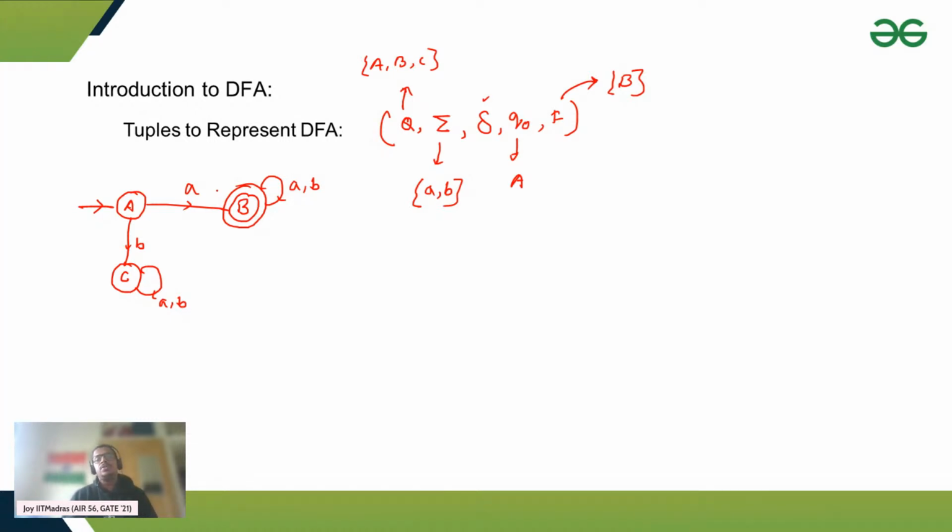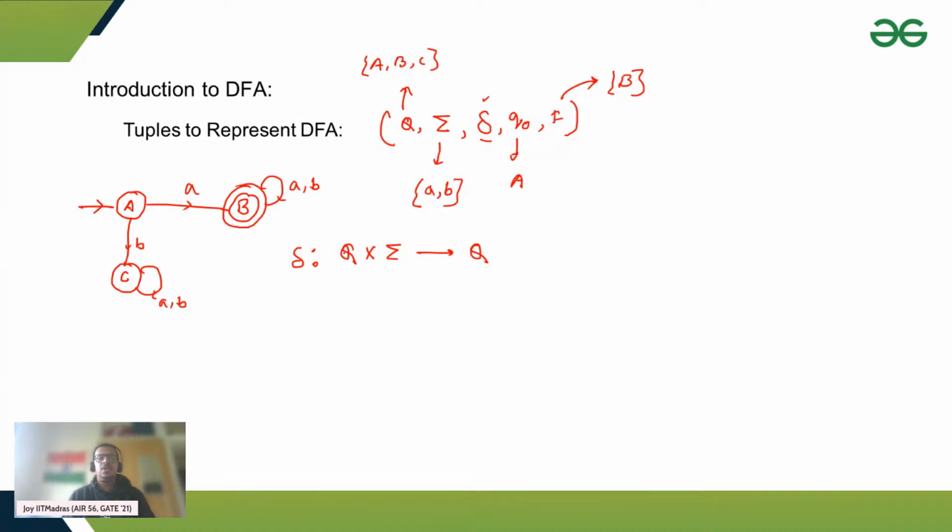Now let's come to the production rules, the set of production rules. The production rule is basically Q cross sigma, and it will go to another state. This is the rule. What does it represent? It represents that we are in a certain state.